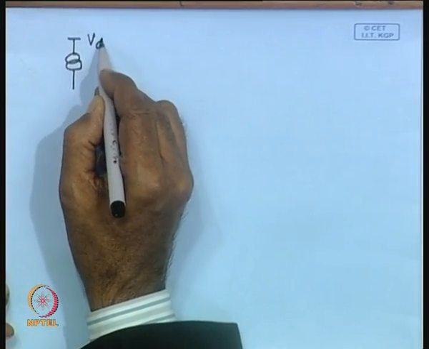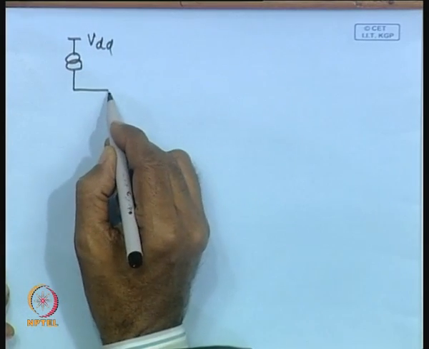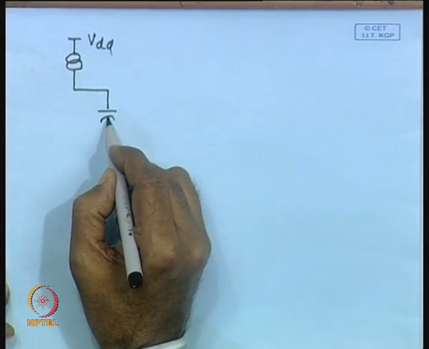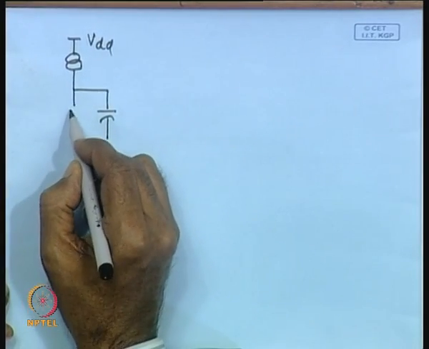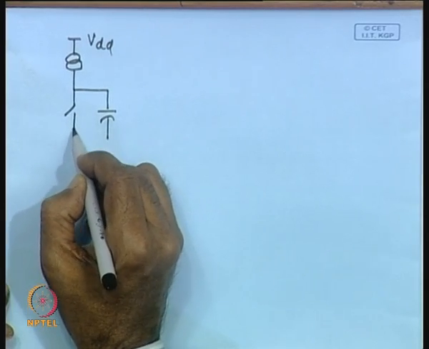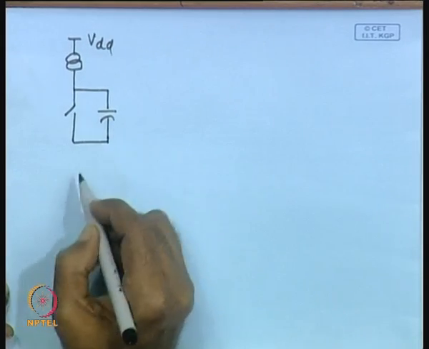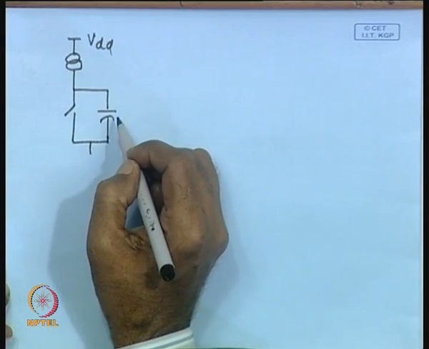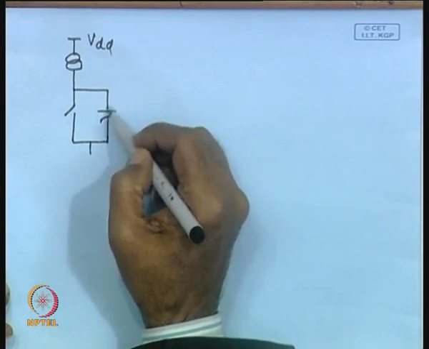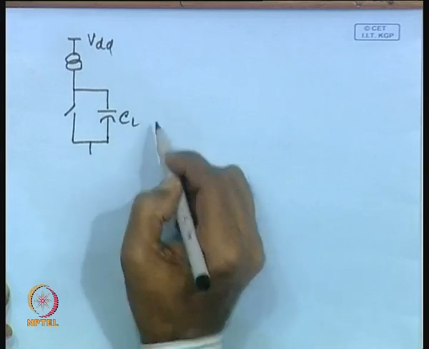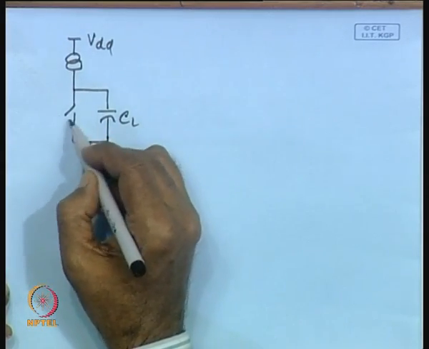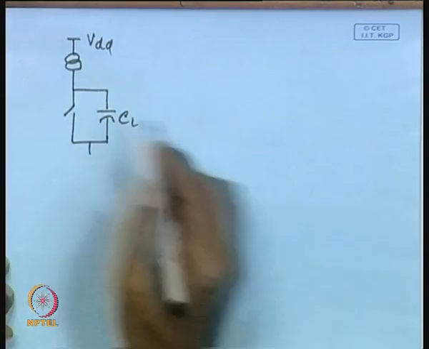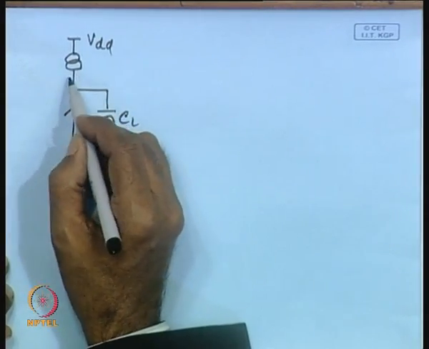This is your VDD and this is your load capacitance CL, and here there is a switch. In this particular case, whenever it is switching from low to high, this capacitor is charging from low to high, then this switch is off. This is representing the pull down device and this is representing the pull up device.